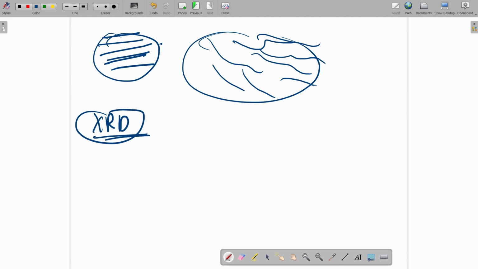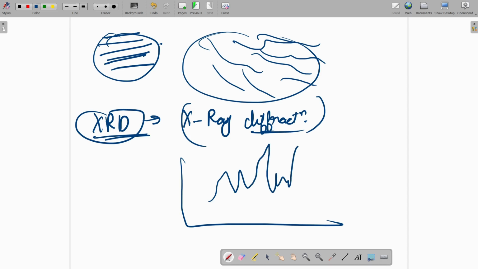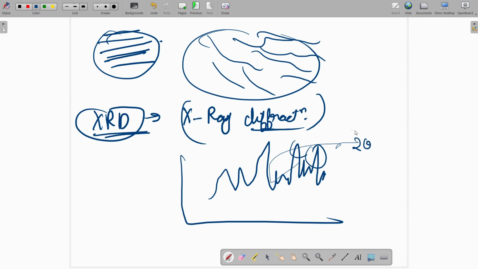XRD you must have read in the 12th examination, X-ray diffraction pattern. And if you have read the physics part, X-ray diffraction and interference, diffraction patterns are observed. So in this way, the peak is calculated. 2 theta peaks are observed. We make a curve of intensity versus 2 theta.